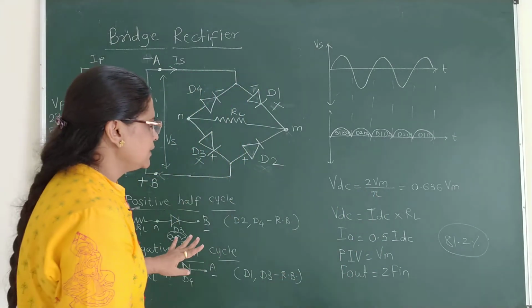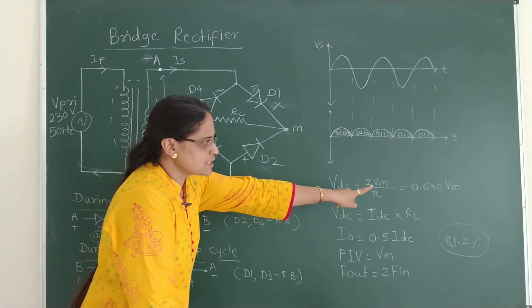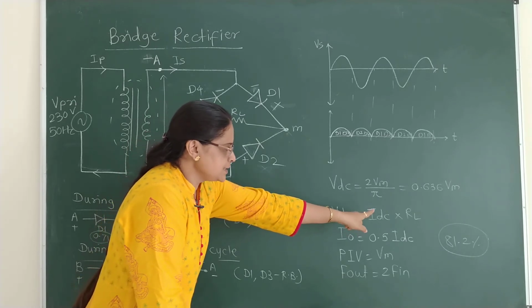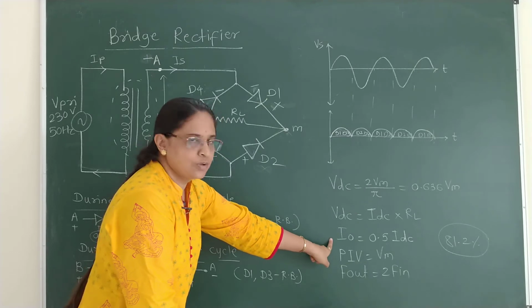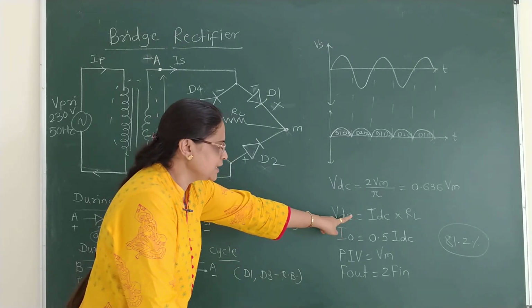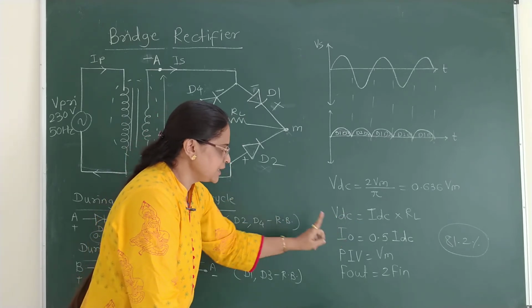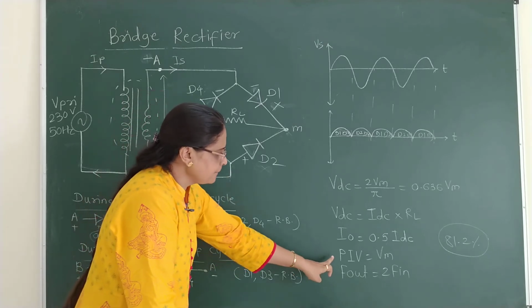So what is VDC? Again 2 Vm upon pi, 0.636 Vm. VDC is either IDC into RL or 2 Vm upon pi. IO current rating is half the IDC. IDC can be calculated if RL is mentioned, VDC upon IDC. So half of that current has to be handled by each diode.